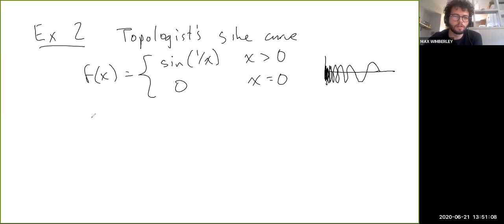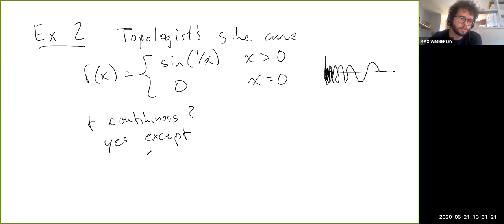And so the same questions apply. Is f continuous? That one's a little bit more obvious. It's continuous except at x equals 0. And sorry for my handwriting again. Hopefully you can read that. Yeah, it looks kind of bad. Whatever, I'll get better. So is f continuous?